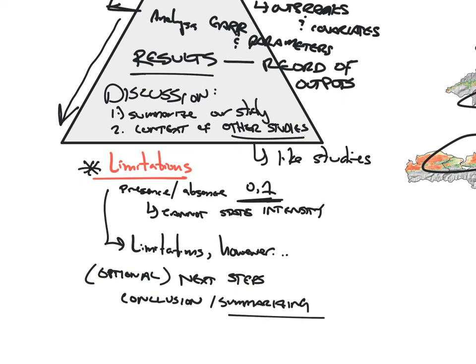In the case of a public health study, that summarization might say, these results can now be used to inform anthrax surveillance or anthrax control measures. In the case of anthrax, prevention in humans is usually driven by anthrax control in livestock.